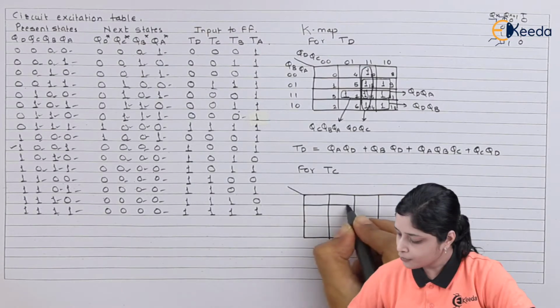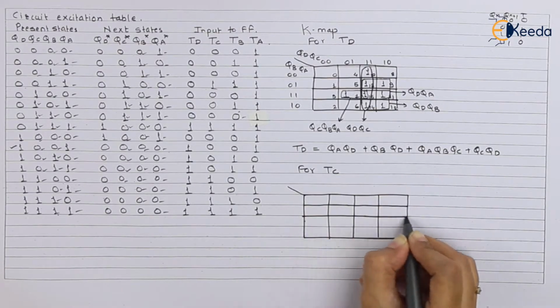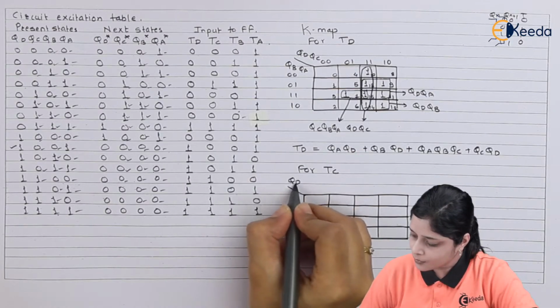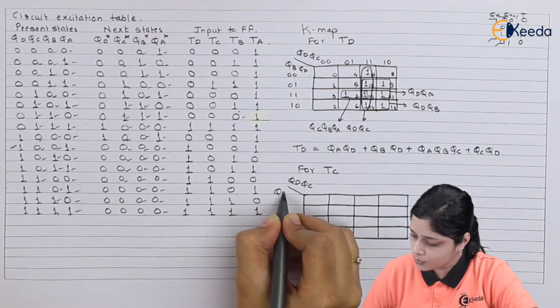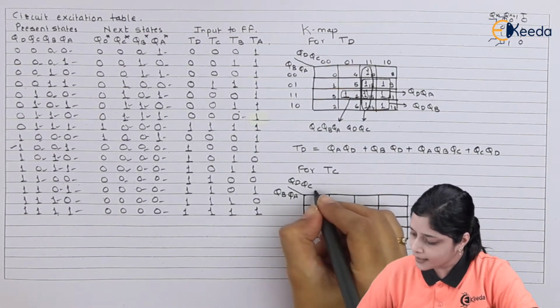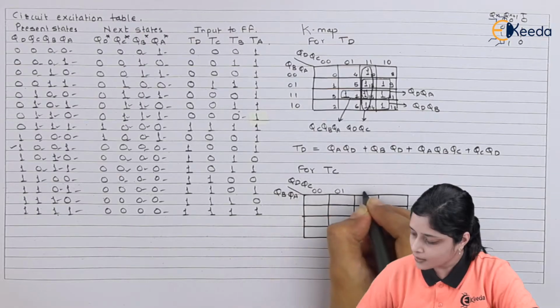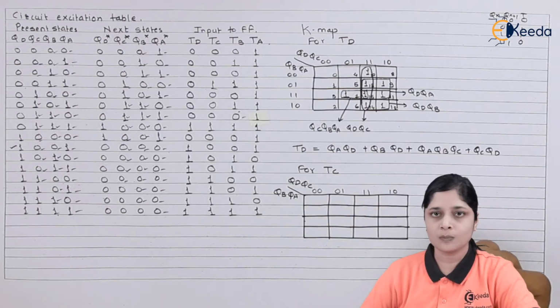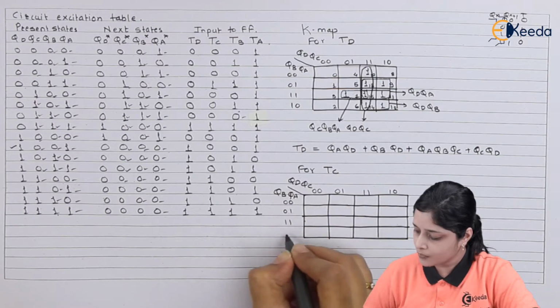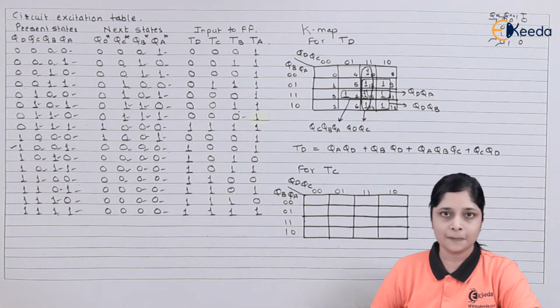In this way you have to draw the K map. Variables are QD, QC, QB and QA. After that you have to write here 0 0 0 1 1 1 1 0. Then again 0 0 0 1 1 1 1 0 you have to write here.